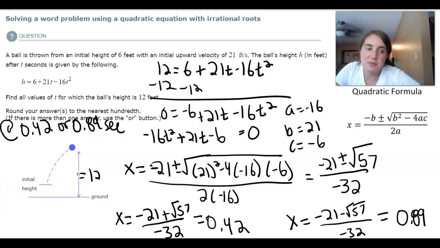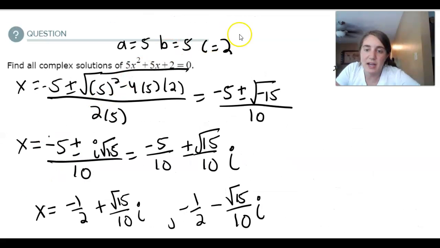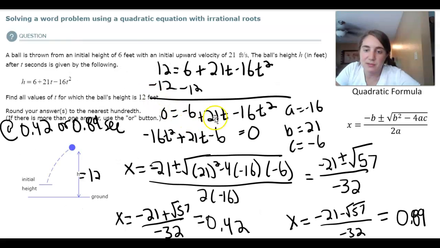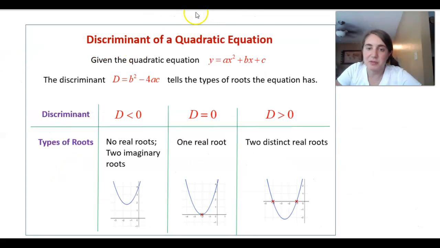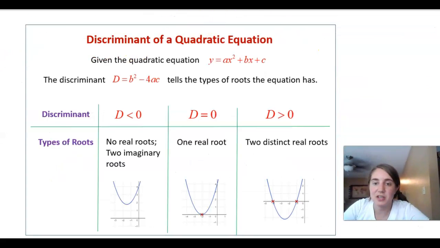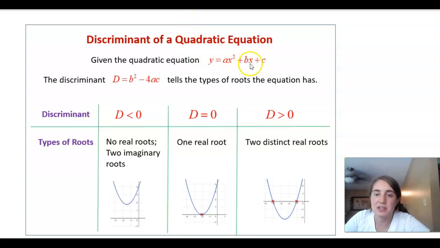So notice, based on the examples we've done, in this one I had a negative under the square root, so I had imaginary. This one I had a positive under the square root, so I ended up with real answers. That's where the discriminant comes in. The discriminant is the part underneath the square root when you're given something in standard form.